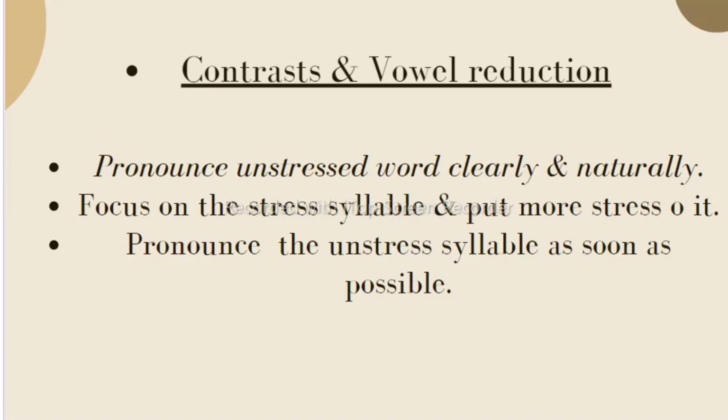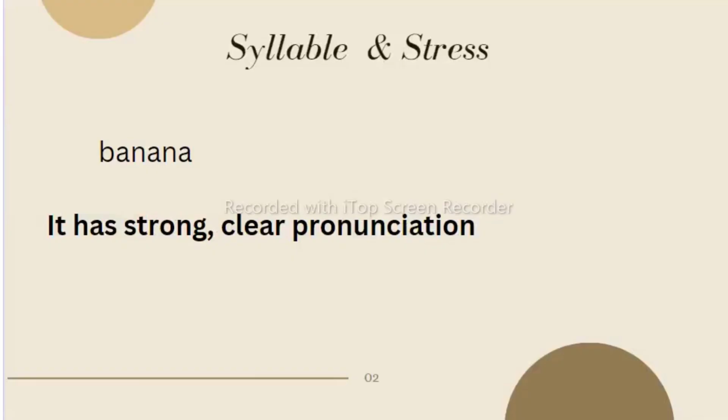So here you need contrast on the unstressed syllable, so it should be lower and shorter. As we have seen with the word banana, we don't take stress on all the syllables, but we have to concentrate on the second syllable, which is -na-. We have to stress that syllable. And also we have to remember the unstressed syllables should be lower and shorter.